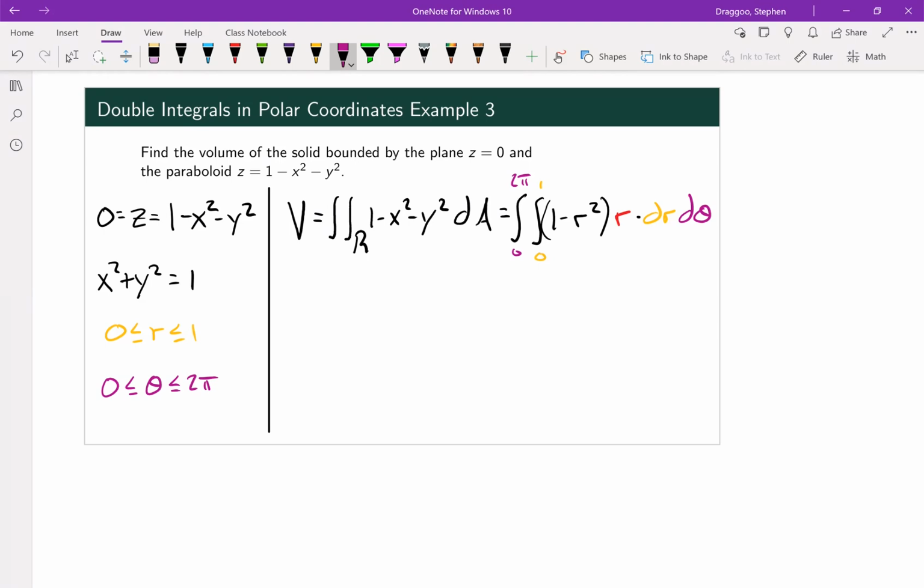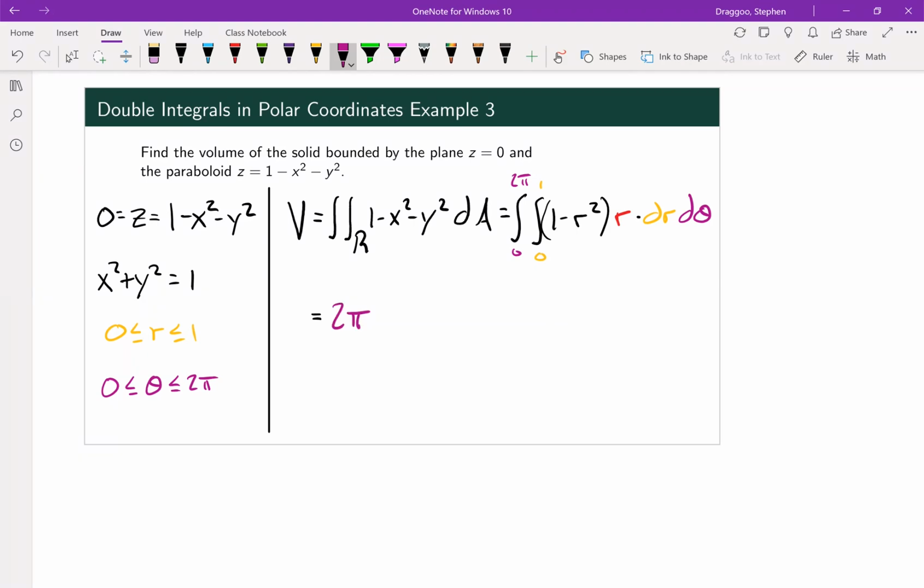Right, since our integrand has no dependence on theta, that means we could do that separation of integrals that we talked about a few sections ago, separate it out into a single integral that depends only on theta and a single integral that depends only on r. And that theta integral is just going to integrate out to 2 pi, since we're going from 0 to 2 pi.